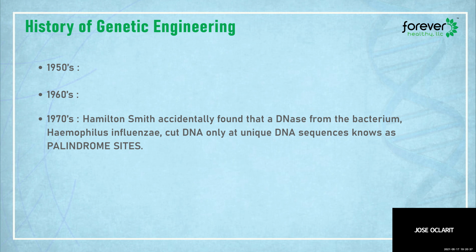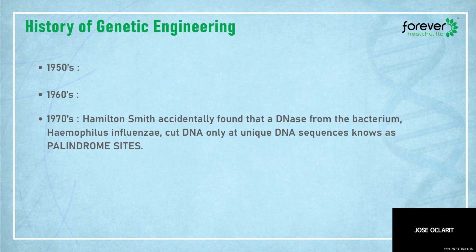So if tailors and dressmakers have scissors, molecular biologists are provided with DNase. These are enzymes that can cut the DNA at a unique sequence. That unique sequence of the DNA is known as the palindromic site. This enzyme cuts DNA at a particular sequence in order to isolate or transfer the DNA to another site, and that cutting site is known as the palindromic site.